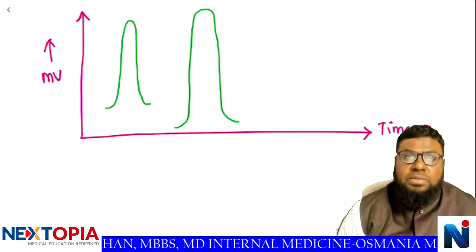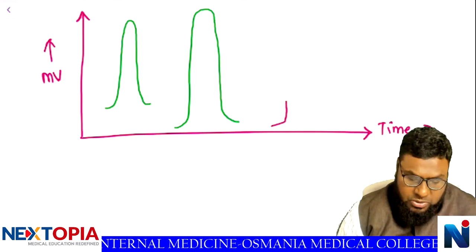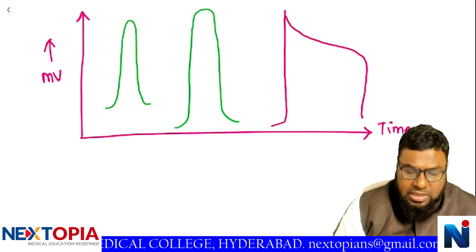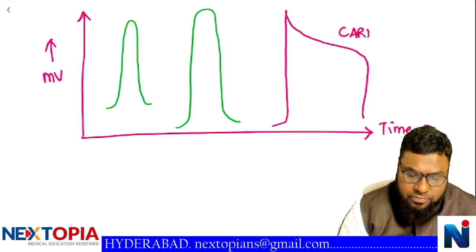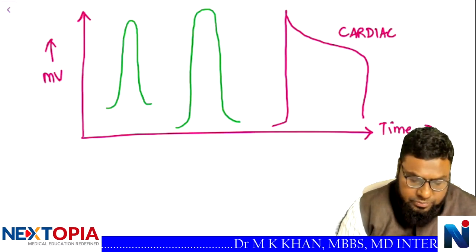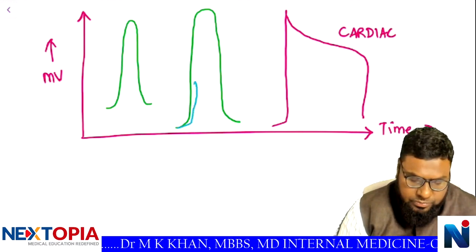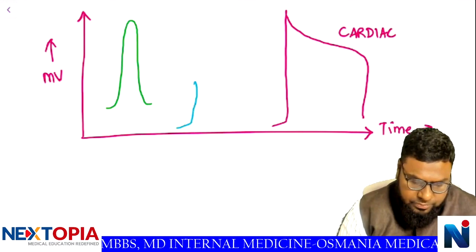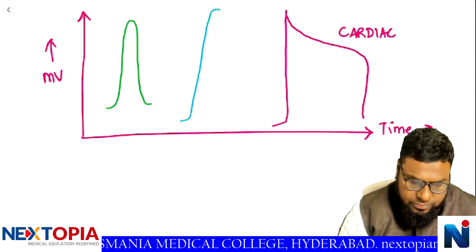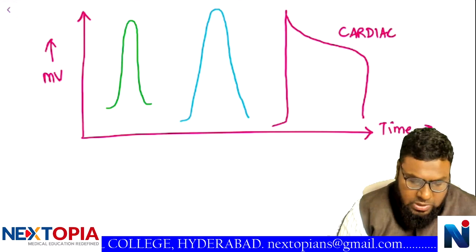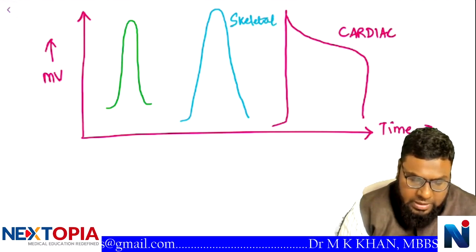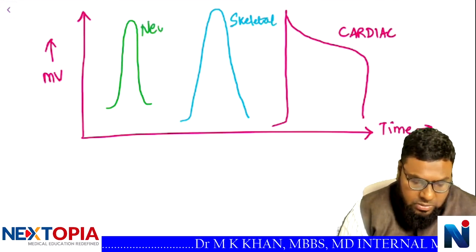The cardiac muscle action potential is also depolarization followed by repolarization. So this is the cardiac muscle, this is the skeletal muscle, and this is the neuron.